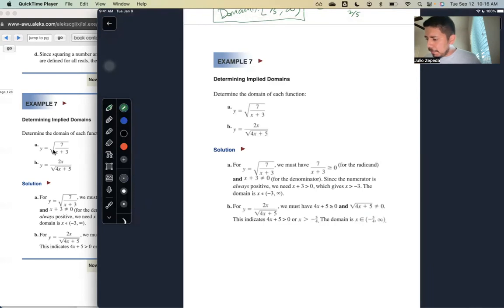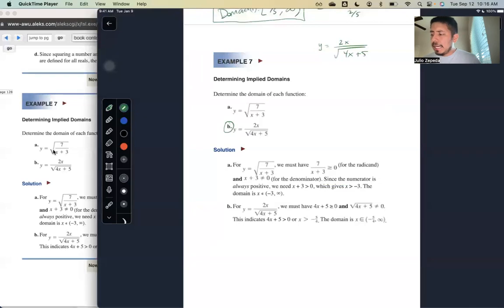Okay, so I'm going to take a look at B here, because that's the one that's very similar to the one that we have in our worksheet. And so whenever we see a square root, we should start with the square root for finding the domain.